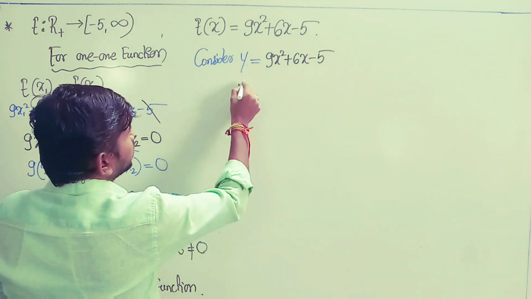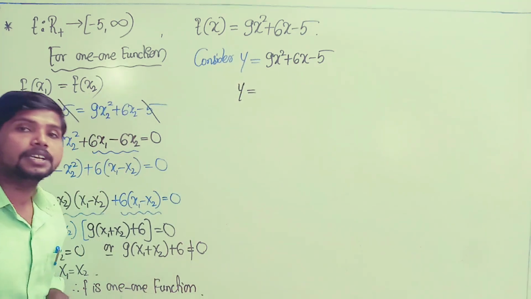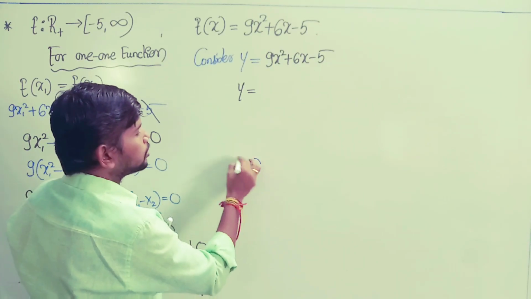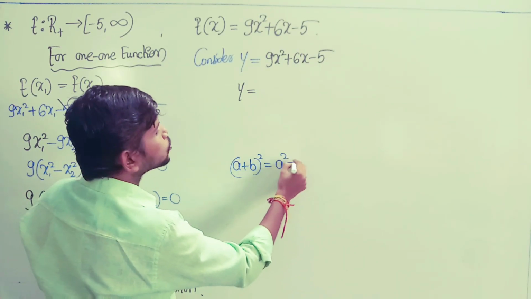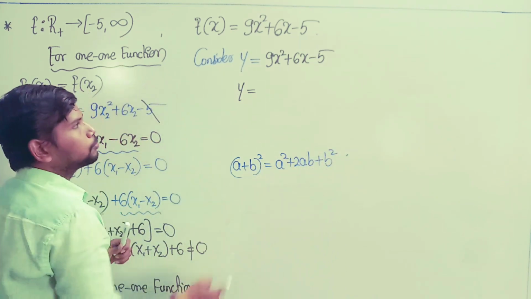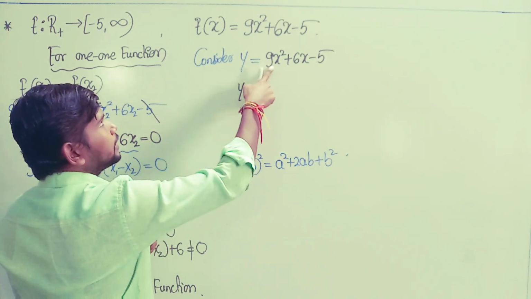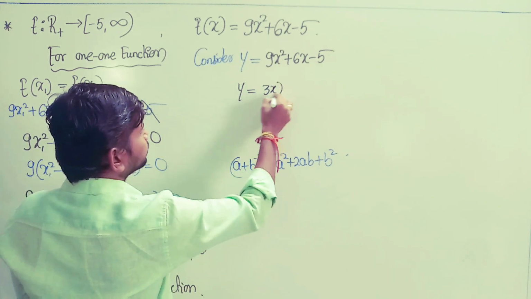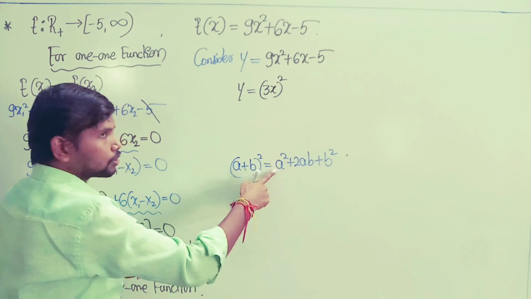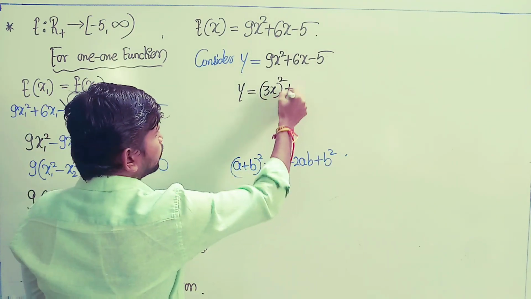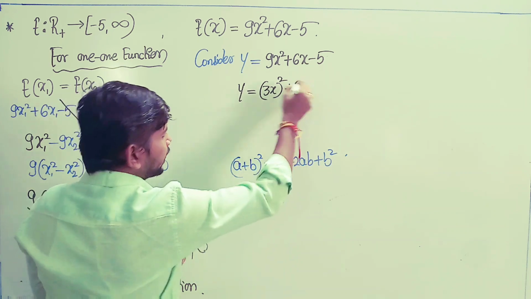Okay, y is equal to, I need to go with completing the square. What is completing the square? A plus b whole square is equal to a square plus 2ab plus b square. I need to move with this. What is a square? Here 9x square is there. Can I write 9x square as 3x whole square? Means in the position of a, 3x will be there. Plus after that 2 is there, 2 as it is.